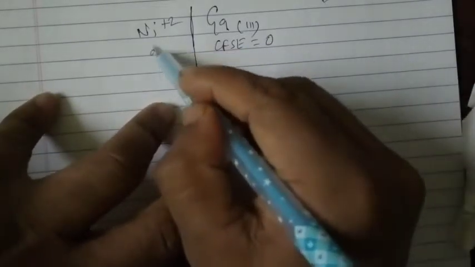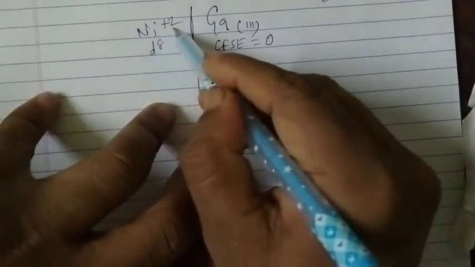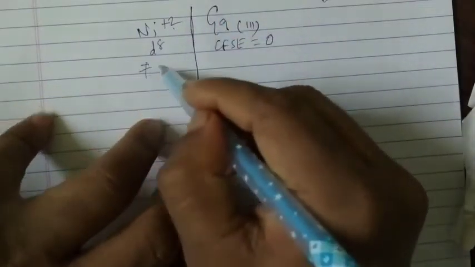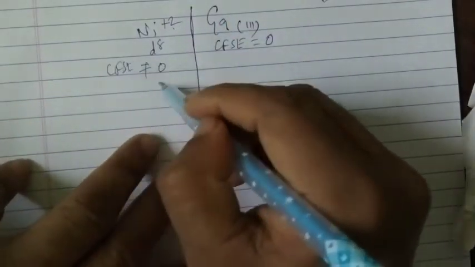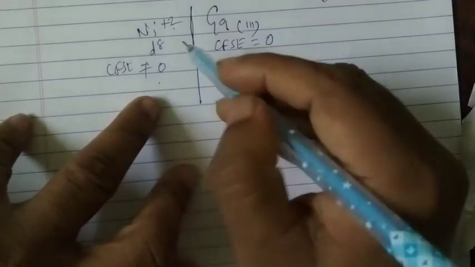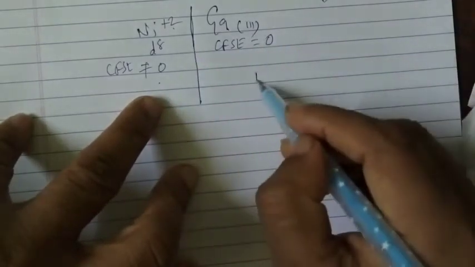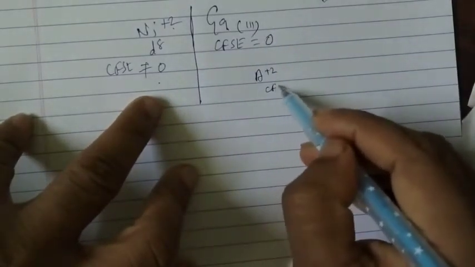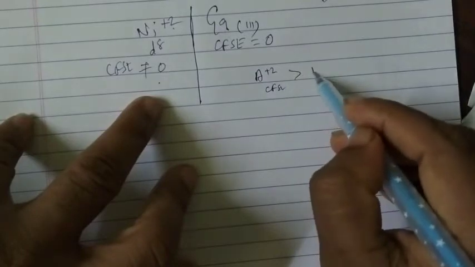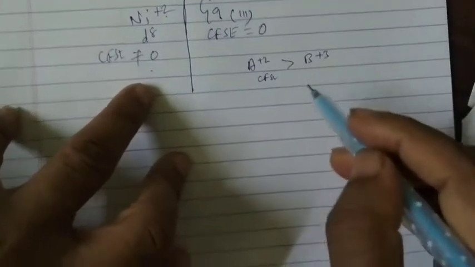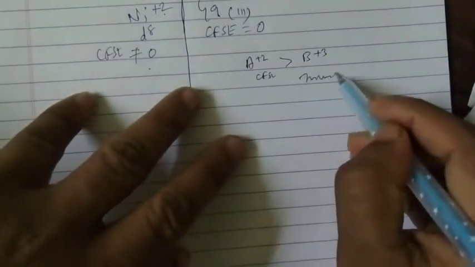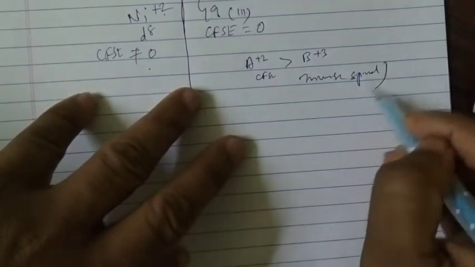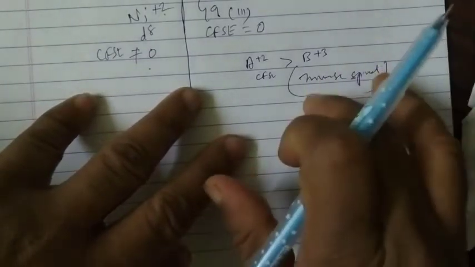And nickel +2 is a D8 system, so definitely it is not equal to 0. That means your divalent cation is having CFSE greater than the trivalent ion. So this is an inverse spinel, so we commit it as an inverse spinel.